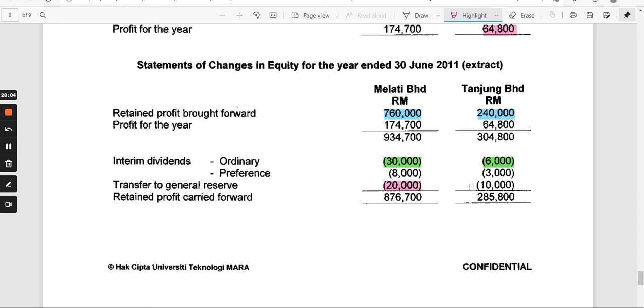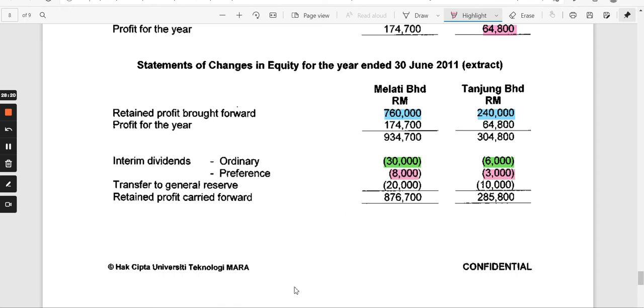Okay, next. Oh, that was for general reserve. I have taken the wrong figure. So it should be the one here, 8 and 3.